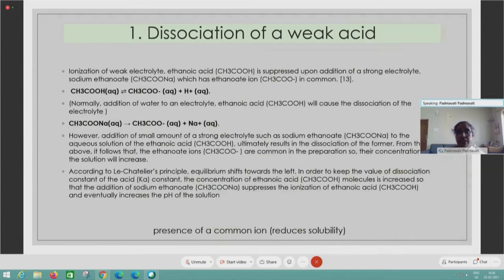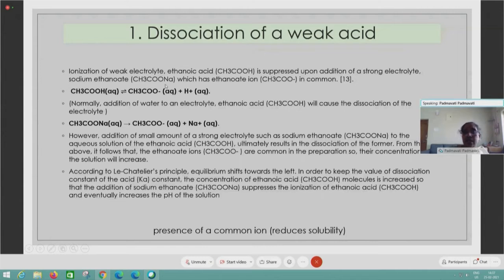Okay, so let me show you this weak acid, acetic acid, and it is dissociated into CH3COO minus and H plus, and this is a weak acid, and the corresponding strong salt is sodium acetate. This sodium acetate, being a strong salt, dissociates completely into acetate ion and Na+. So these two have something in common, that is CH3COO minus.